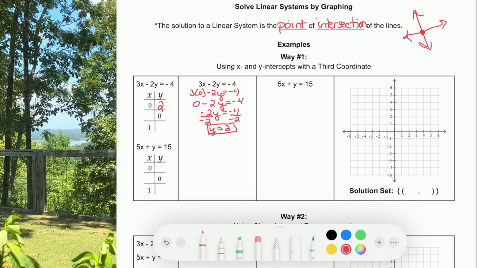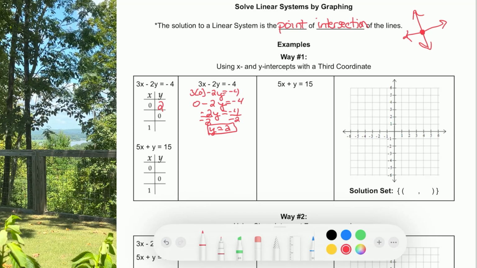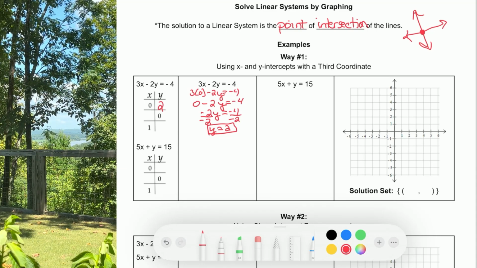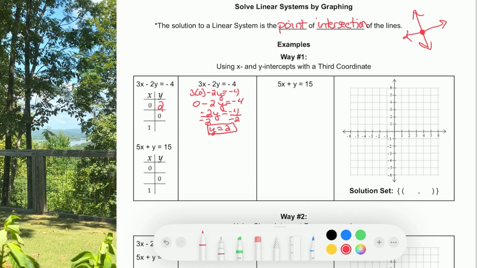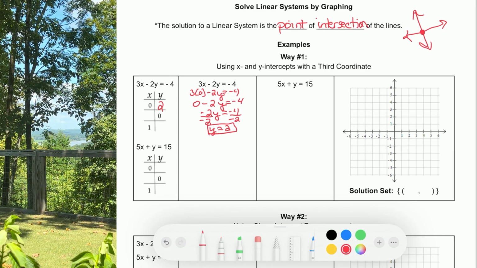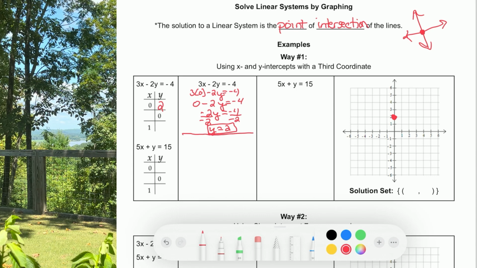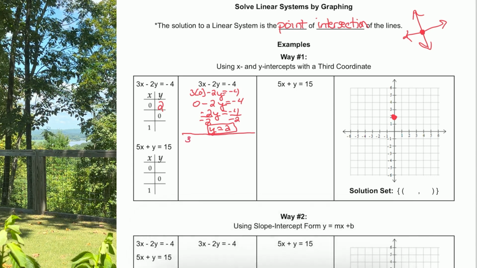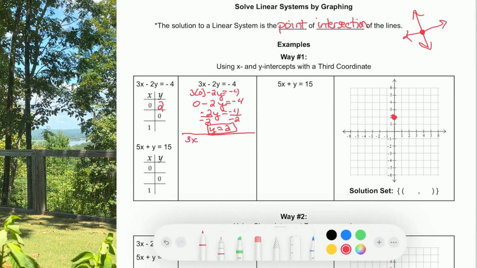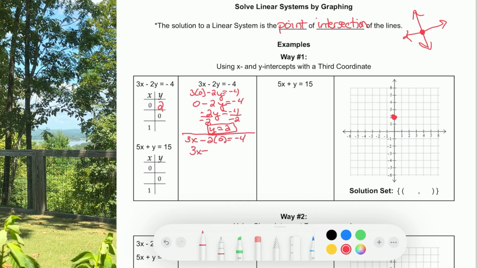So my y-intercept, that's the term I was looking for, is 0, 2. So I'm going to go ahead and plot that here. Now let's find our x-intercept by plugging in the 0 for the y. So I get 3x minus 2 times 0 equals negative 4. 3x minus 0 equals negative 4.